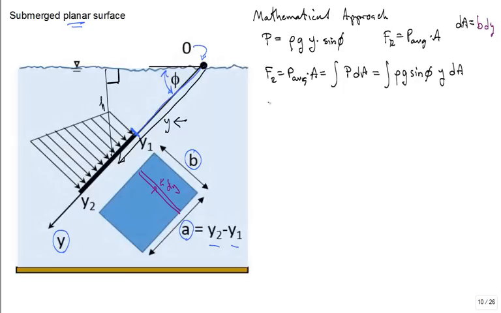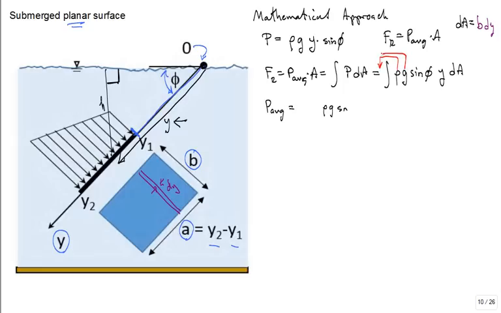So this resultant force, or maybe I should do this one, the average pressure is equal to the integral of rho g sine phi. You know what? That rho g sine phi can all come outside the integral, because isn't rho constant?